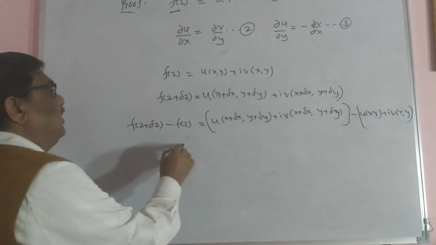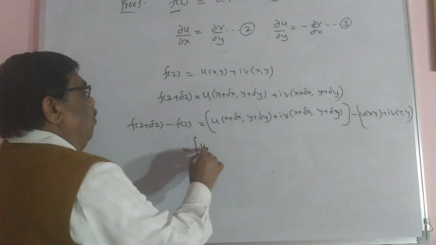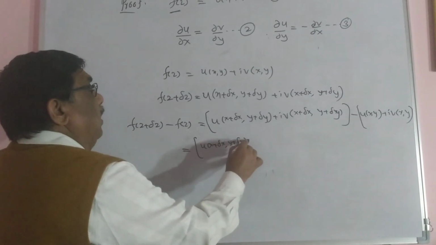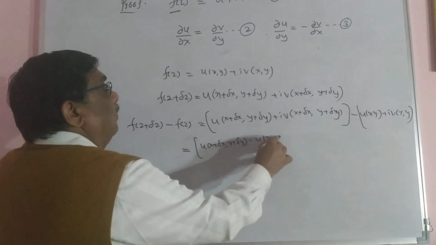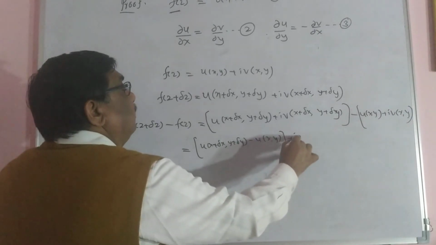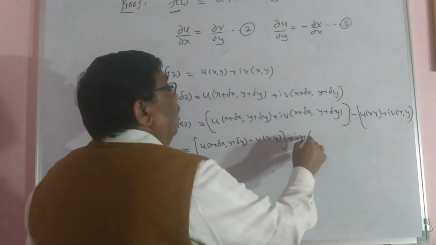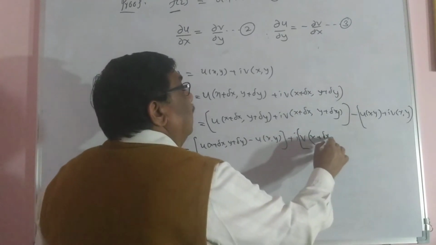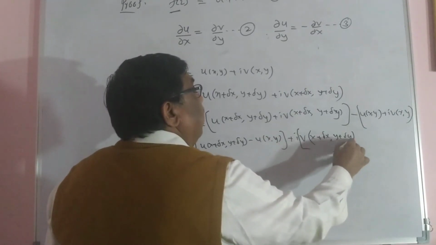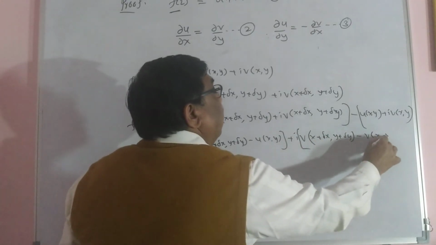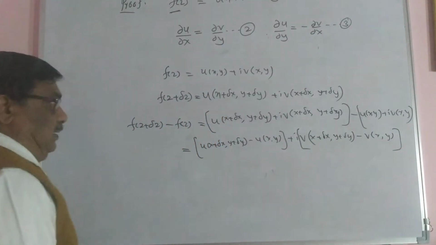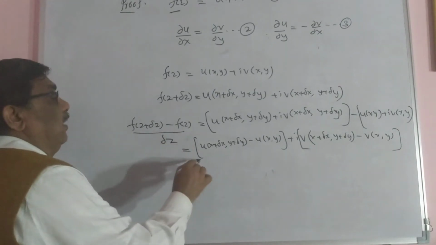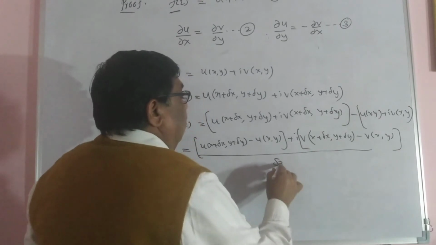Then if I simplify, this is u of x plus delta x, y plus delta y minus u of x y, plus i times v of x plus delta x, y plus delta y minus v of x y. Then dividing by delta z.